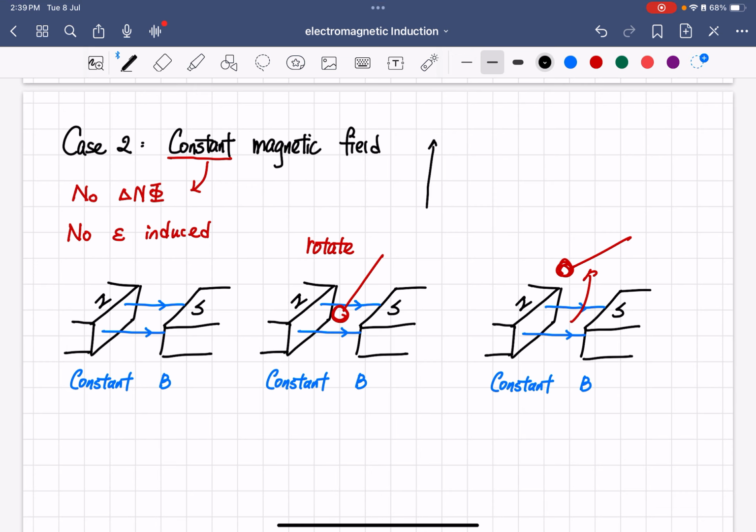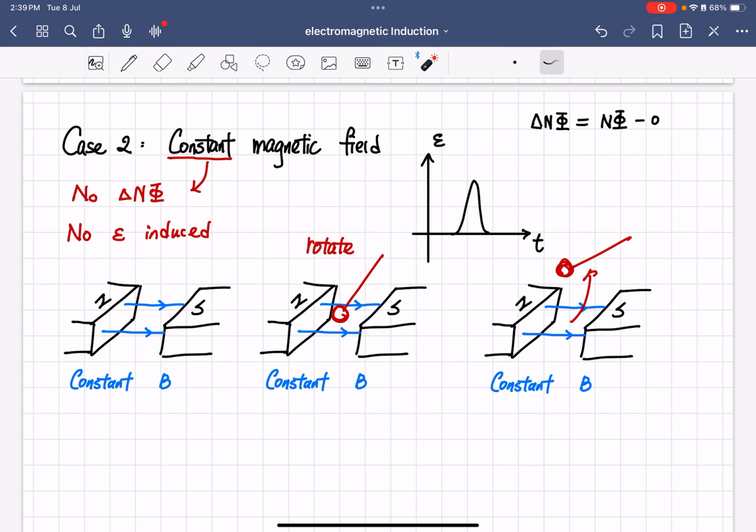So therefore, there will be EMF induced, but the graph is no longer sinusoidal. The EMF you induce is just like this. In this case, the change in the magnetic flux linkage will be just the magnetic flux linkage when the coil is in the field minus 0, because there's no magnetic field here, but there's a magnetic field here.